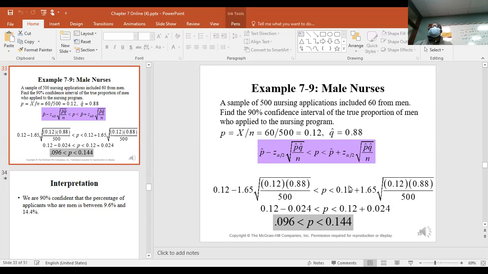So the true proportion of male applicants for nursing is between 9.6% and 14.4%. The margin of error is 2.4% if you want to express it in percentage.